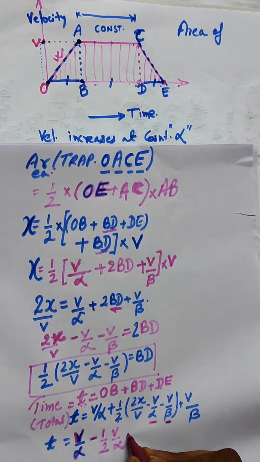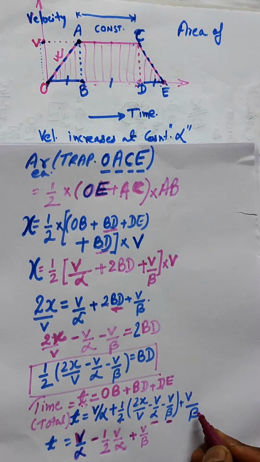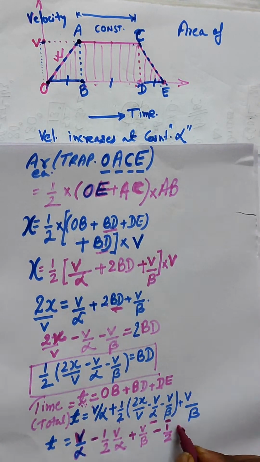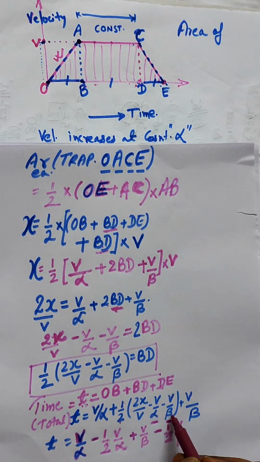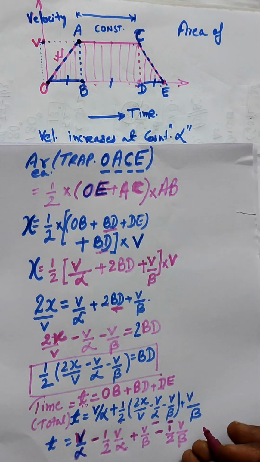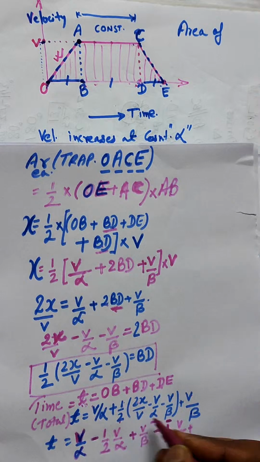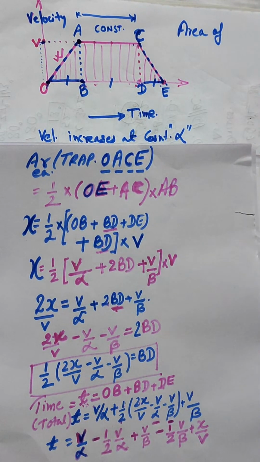So we can write plus V by beta, the last term, minus half of V by beta, this one, right? Plus 2 will be cancelled out and x by V will be remaining, x by V, right?